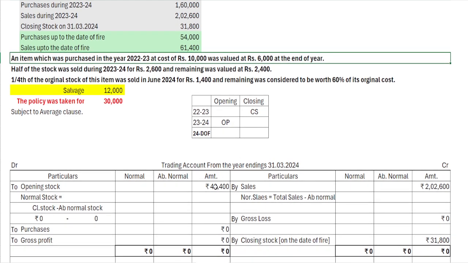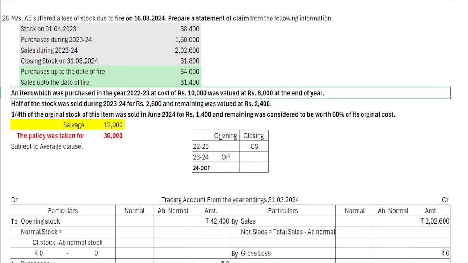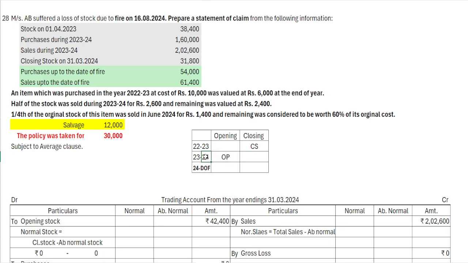So we will add back that 4,000 to the closing balance of 22/23, which is the closing balance on 31st March 2023. Then the same will be the opening balance for 23/24.